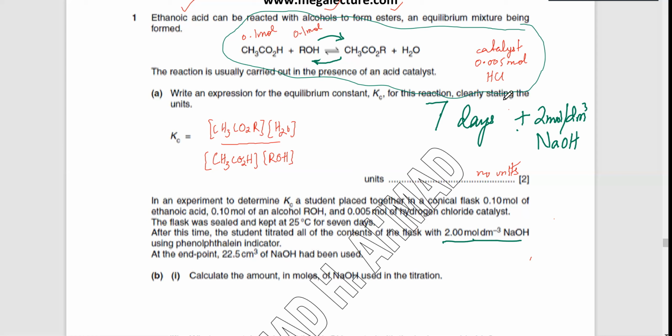So everything that's in this flask is being titrated with NaOH. And the volume of NaOH that's required is also provided. That's 22.5 cm cube. Right? So this is what's happening.